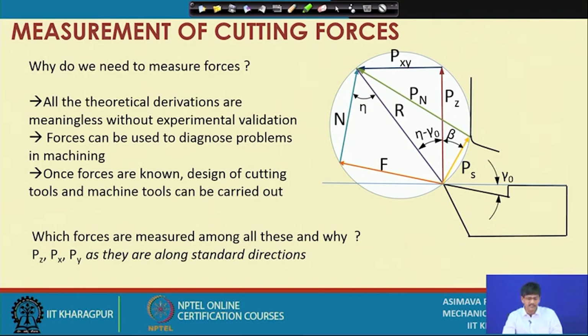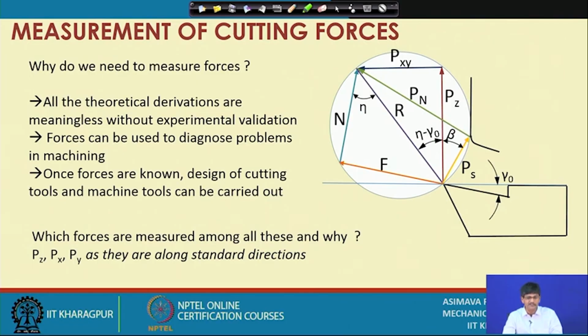You might still argue that the machine tool was already there on which you are using the cutting tool, but it is the everlasting question about which came beforehand. Did the egg come first or the chicken come first? So, that way if you want to design machine tools, you have to know the cutting forces, you have to carry out the experiments. The experiments have to be carried out on a machine tool only.